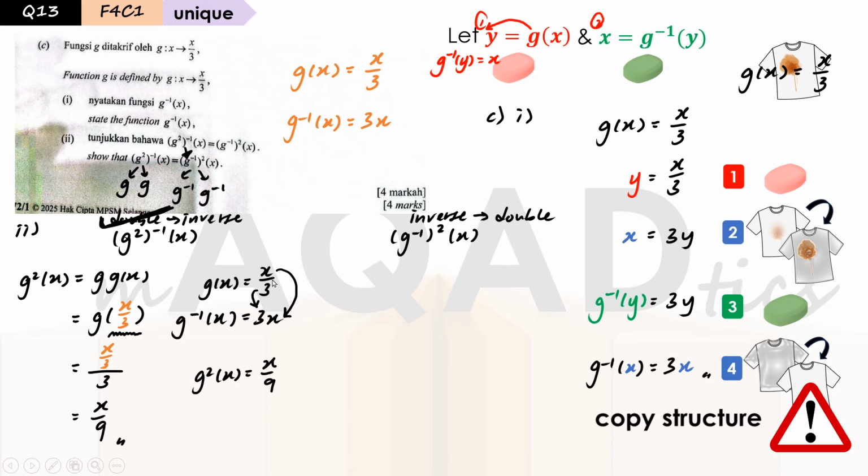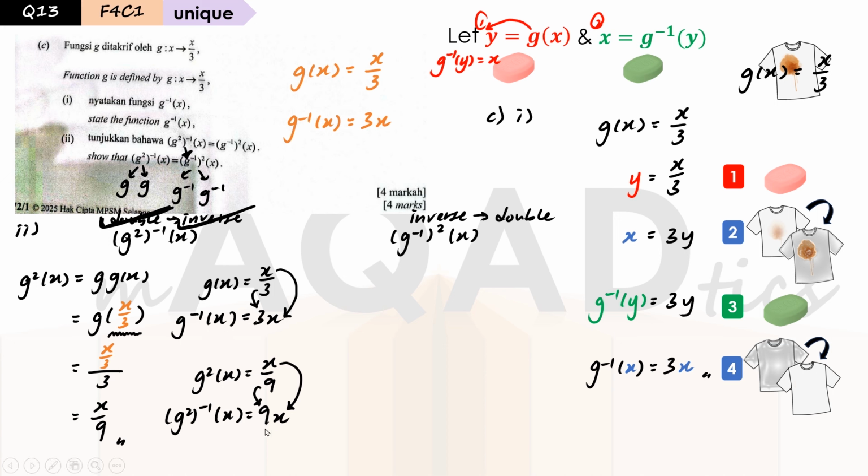Because it has the same structure, we do the same thing: we put x here and the value at the bottom here. By using the same pattern, we have found the double g inverse of x, which is 9x. So we have also inversed this function.